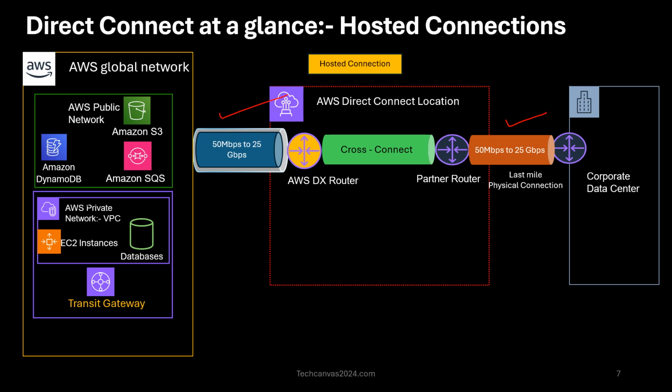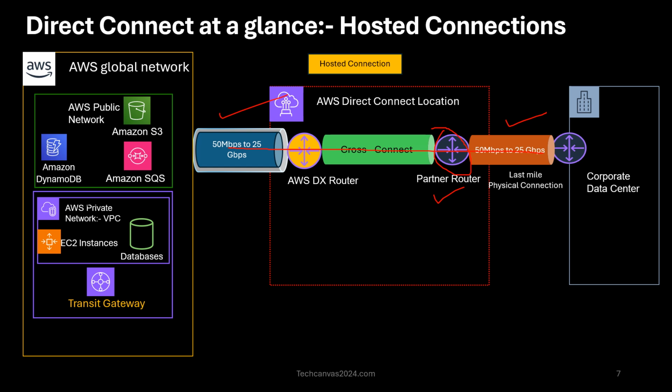The only difference is that this router is provided by a partner instead of the customer, right? Some customers would not like to spend on a full-blown connection, given their capacity or business economics, so they leverage partner resources, and the partner helps them provision those AWS Direct Connect ports and set up the connectivity with the AWS global network. So connectivity remains the same.